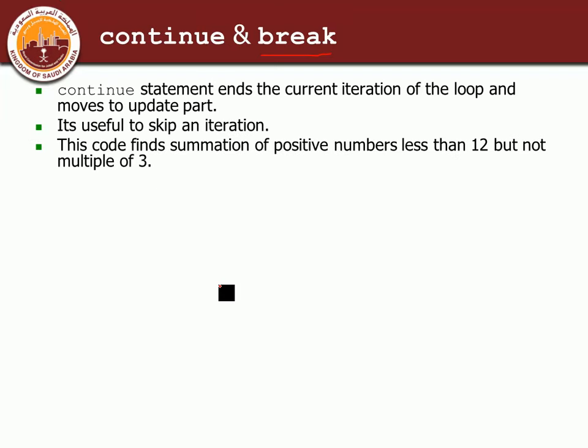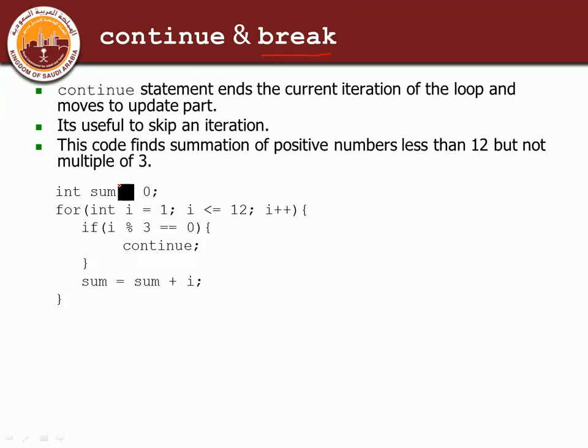It skips an iteration. Let's have a look at this code, which finds the summation of positive numbers less than 12, but not multiples of 3. I would like to add 1, 2. 3 is a multiple of 3, I don't want to add it, so I skip it. Then 4, 5, I would like to add these numbers: 1 plus 2 plus 4 plus 5. 6 is a multiple of 3, so I don't want it.